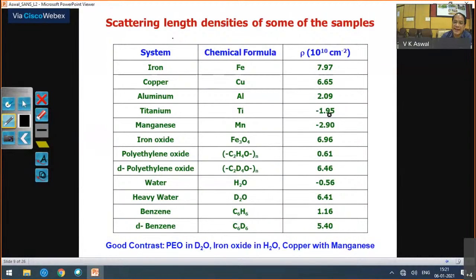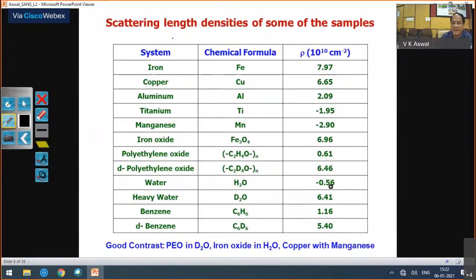But if you compare these scattering length densities, let's say you want to see these particles dispersed in water or heavy water D2O, then if I prepare iron oxide in D2O, they are very close, so it will not work. So to see iron oxide in water, you have to prepare it in H2O actually.